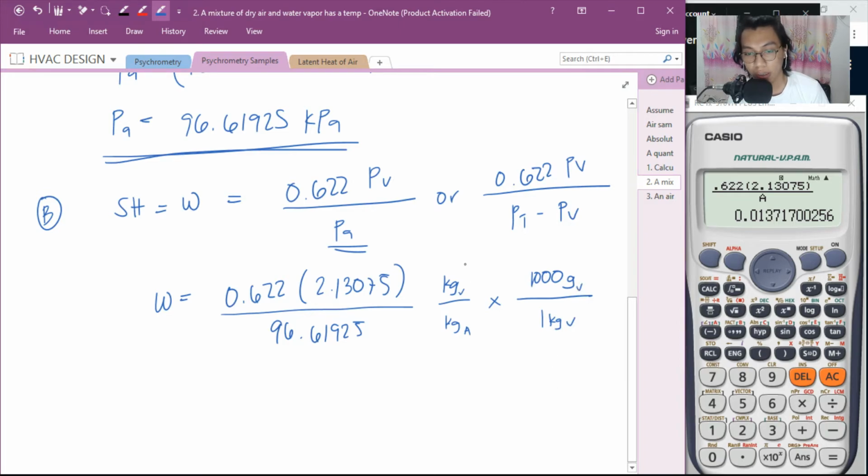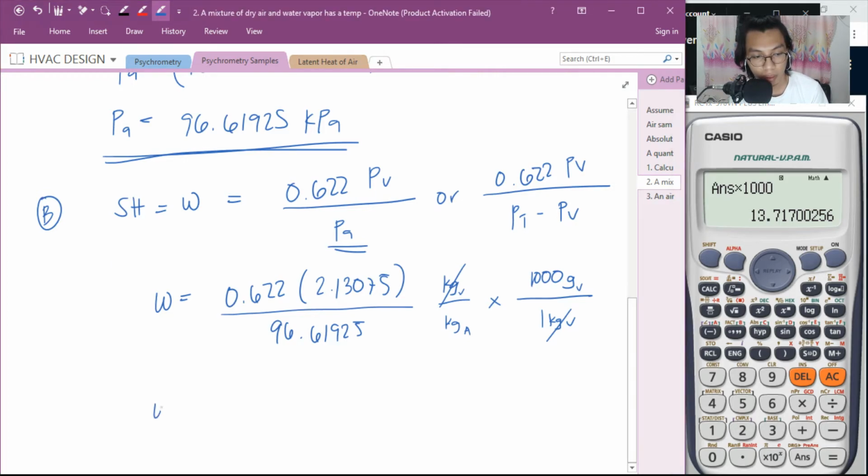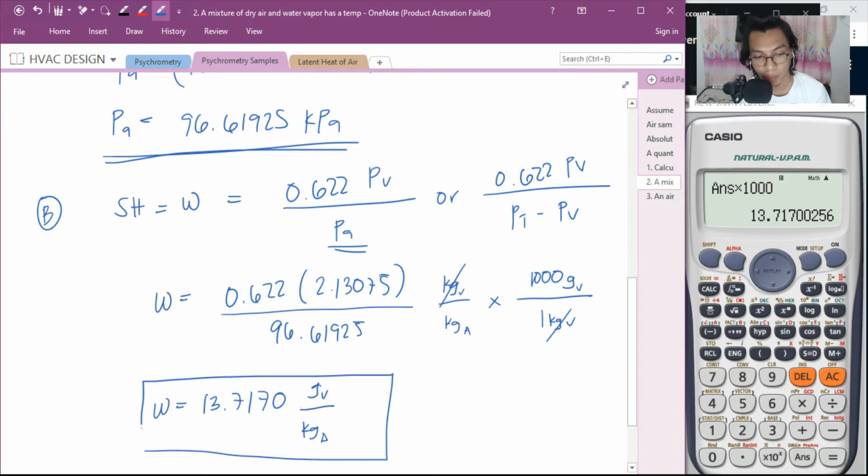O, cancel natin to. I-multiply mo ngayon ng 1,000. So, the answer will be 13.71 grams vapor per kilogram air. Okay? That is your specific humidity now.